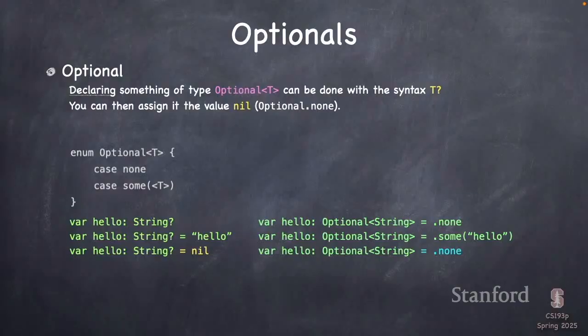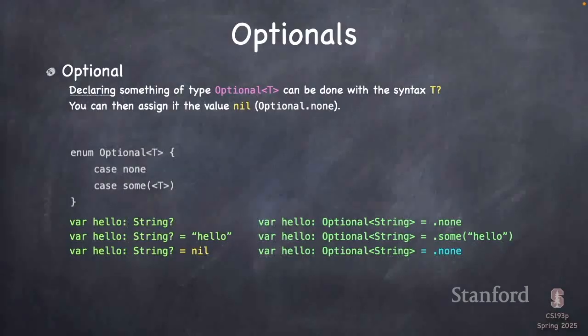You can assign values in the following way. There's a special keyword nil. If you set an optional string to nil, it means the none case. And that is exactly the same as saying dot none. It wouldn't even be wrong to say hello string question mark equals dot none. That would work, because that's what's going on. But we use nil because nil has a special place in the hearts of computer programmers.